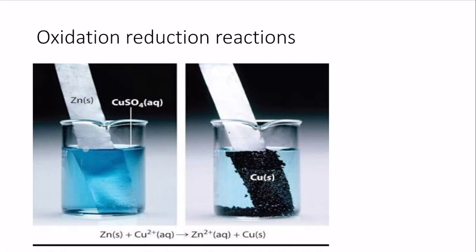When we dip the Zn strip inside the CuSO4 solution, after a while we start to notice that the Zn strip decreases in mass, and copper deposits form, and the blue solution starts to fade out.